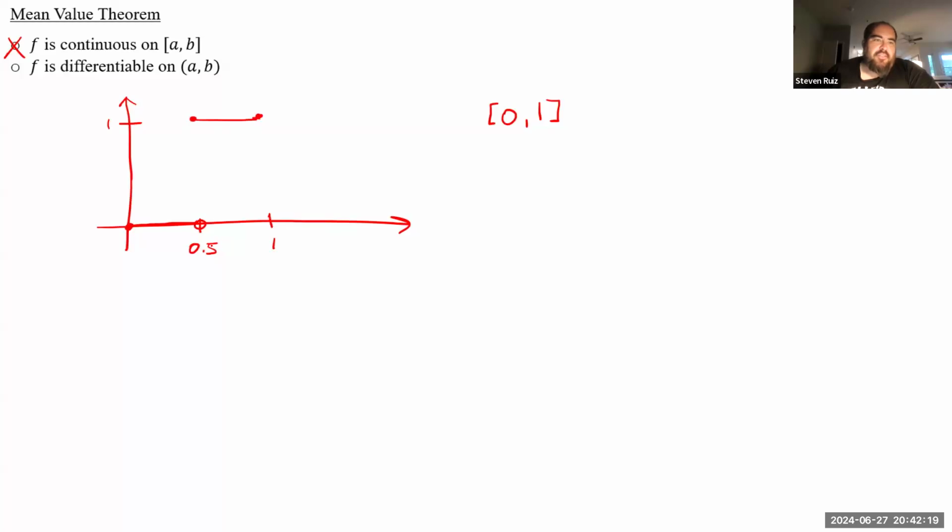So now what I want to show here is the conclusion of the mean value theorem. Let's remind ourselves what that conclusion is.